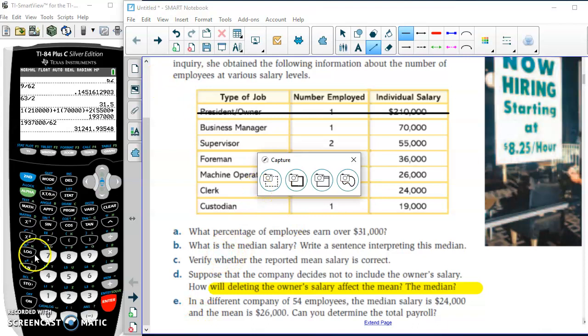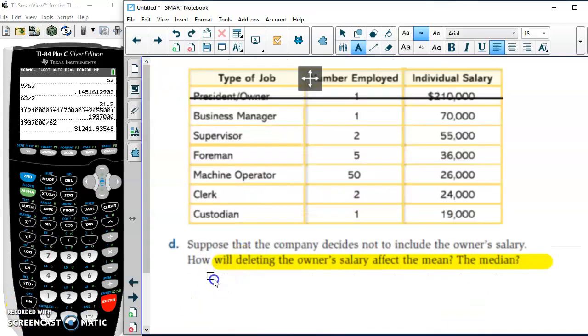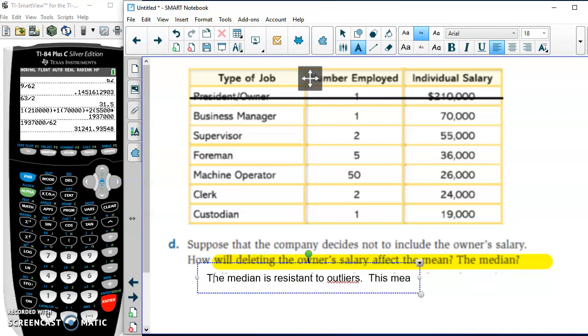We learned that the median is resistant to outliers. So the median will not be affected, because it's resistant to outliers.